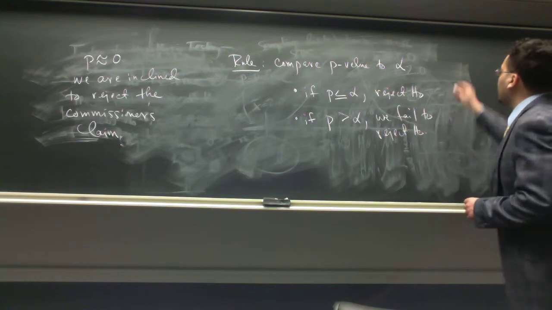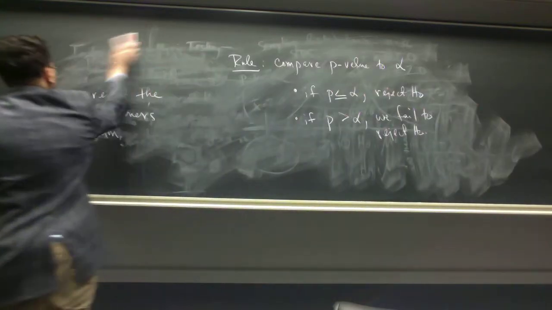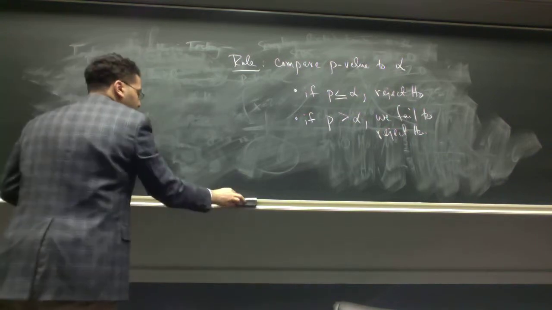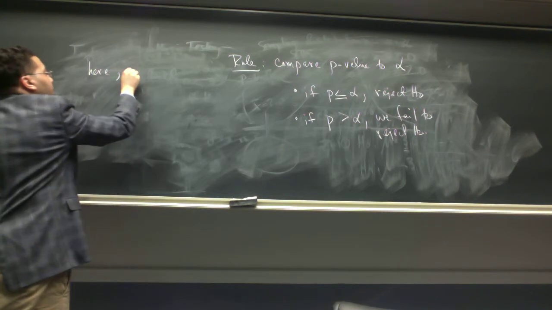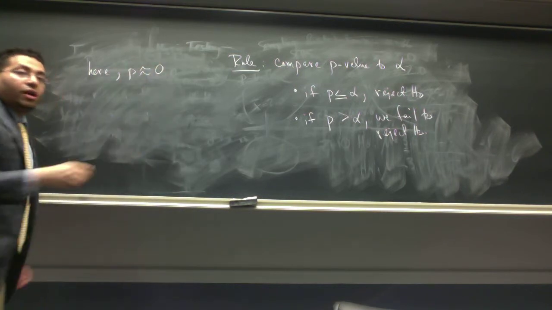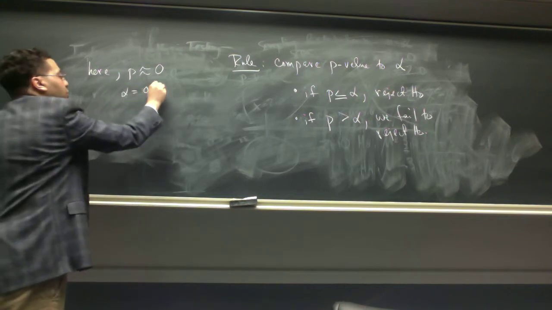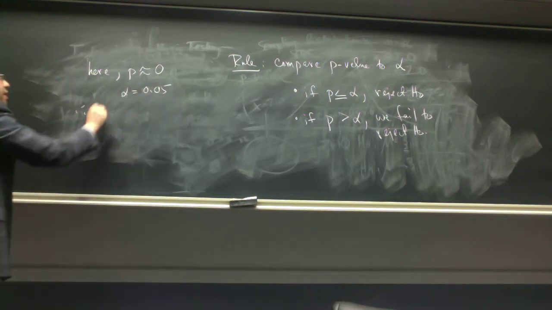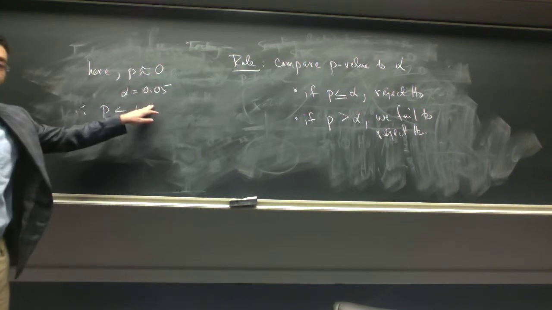In our case here, p is roughly 0, and our alpha, stated at the beginning of the problem, is 0.05. And certainly p is less than or equal to alpha. 0 is less than or equal to 0.05.